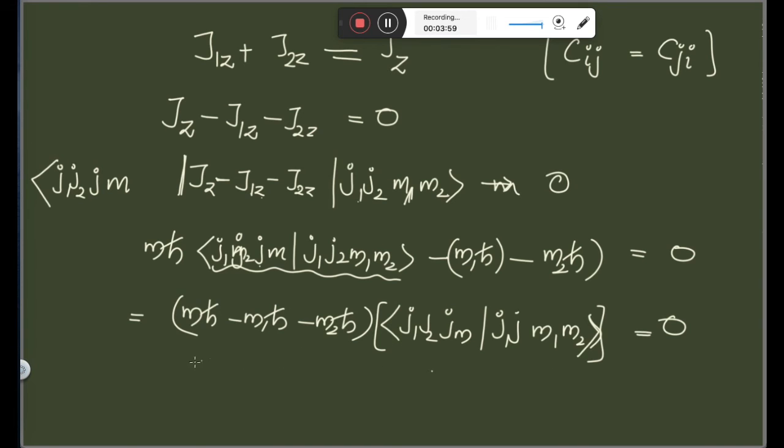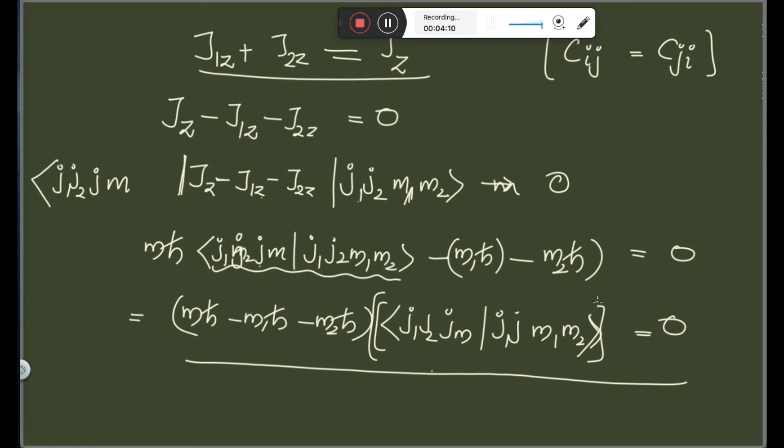So what does it mean? This is what we have obtained from the basic knowledge that we have. The CG coefficient corresponding to Jm, M1, M2 multiplied by a constant is equal to 0. H cross is a constant, so you can rewrite it as M minus M1 minus M2 times the CG coefficient Jm with M1 M2 equal to 0.